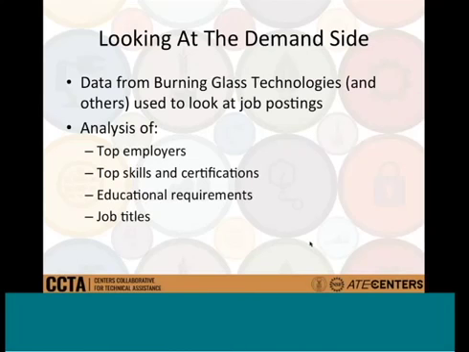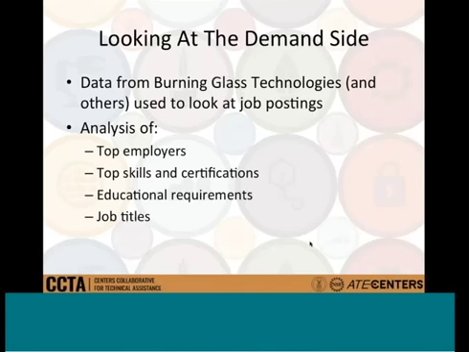I don't mean to say it's just happening. But boy, the tools have really increased in their viability to do this. So what are you going to do with that data? You're going to analyze it. You're going to look at, number 1, who are the top employers? Because that's important to know. Number 2, what are the top skills and are they looking for specific certifications?